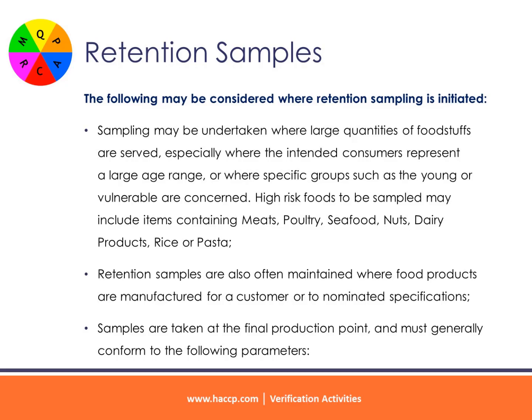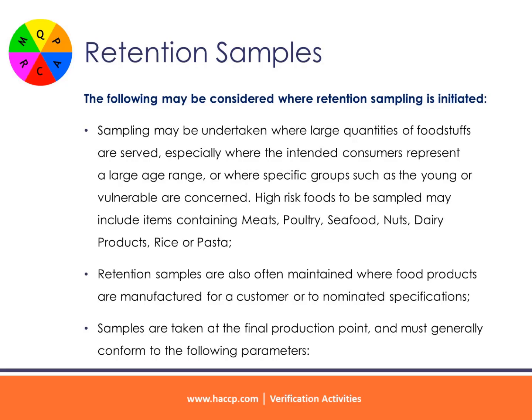High-risk foods to be sampled may include items containing meats, poultry, seafood, nuts, dairy products, rice or pasta. Retention samples are also often maintained where food products are manufactured for a customer or to nominated specifications.